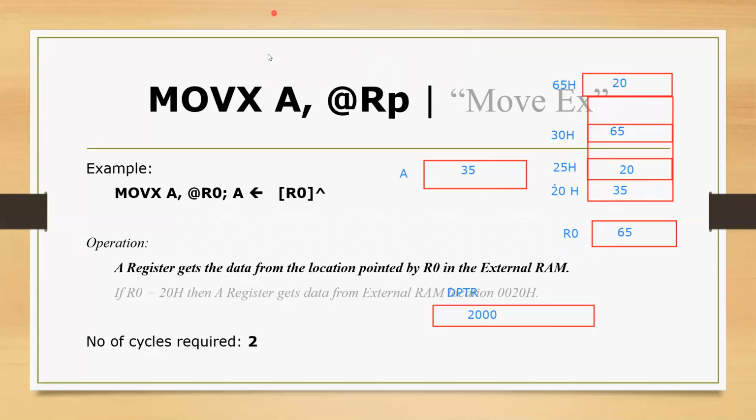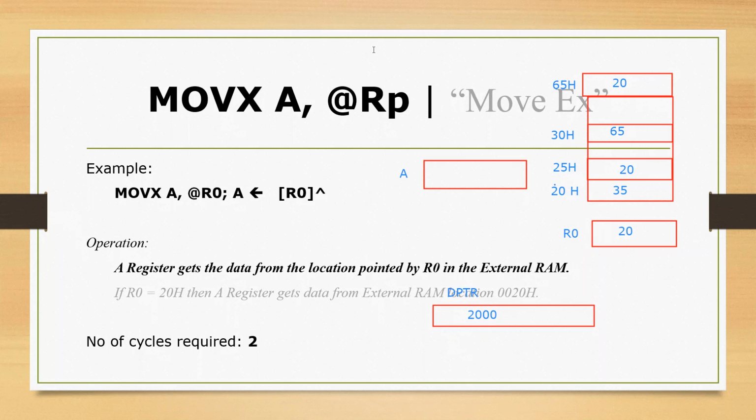Let me change the value. Let the content of the R0 register be 20 hex. So the A register gets the data from the location pointed to by the R0 register in the external RAM. So this is not the internal RAM, this is from the external RAM. So it is from the location pointed to by register R0 in the external RAM. This symbol indicates that it is pointing to the external RAM.